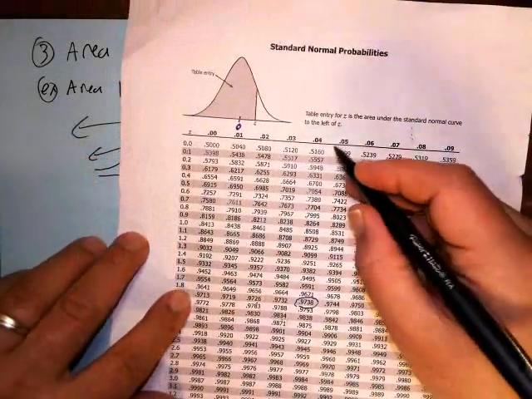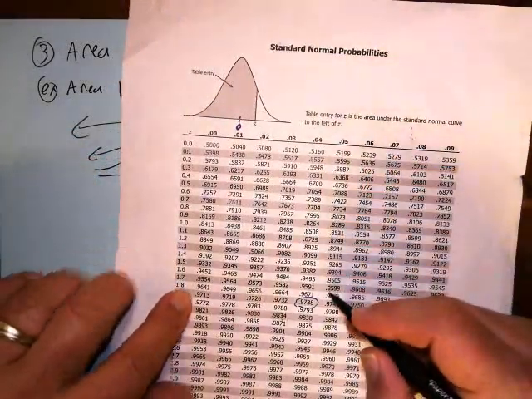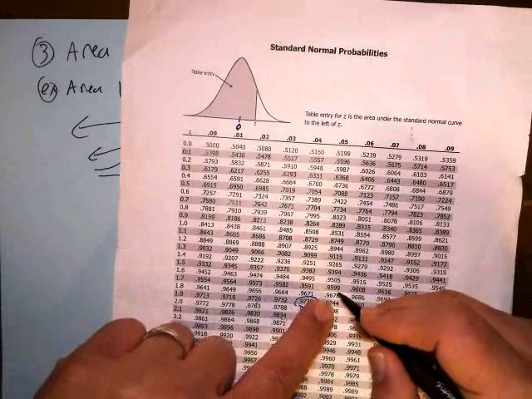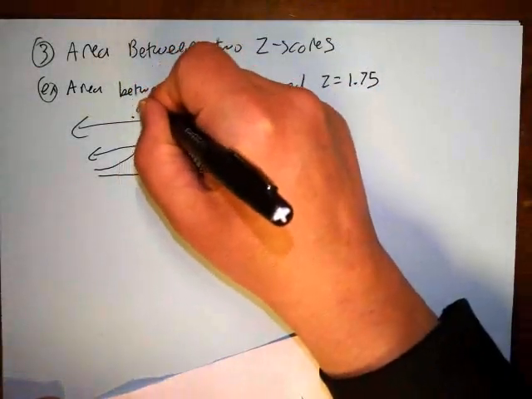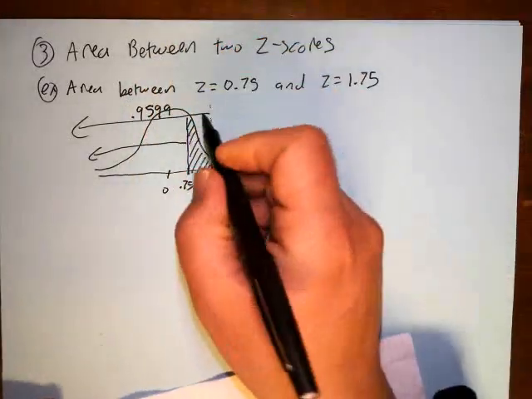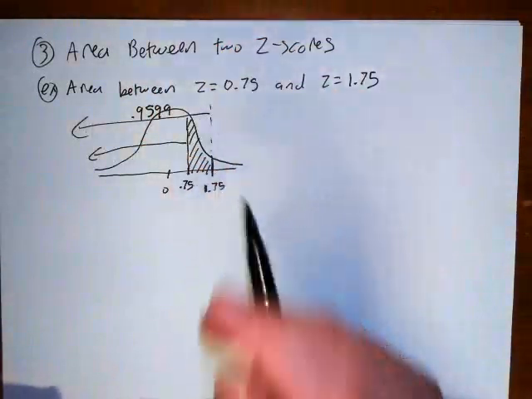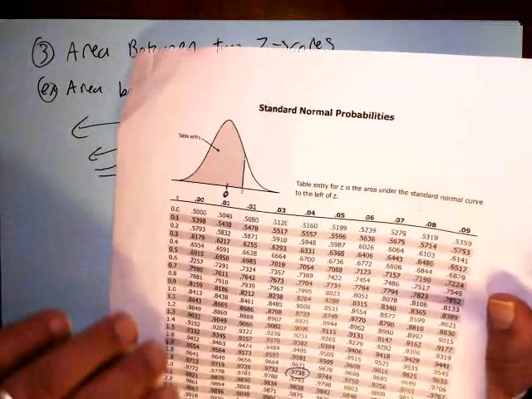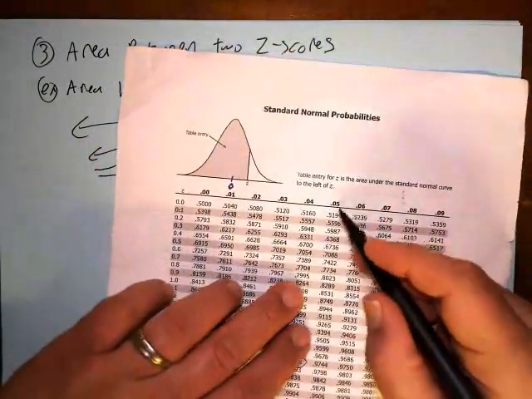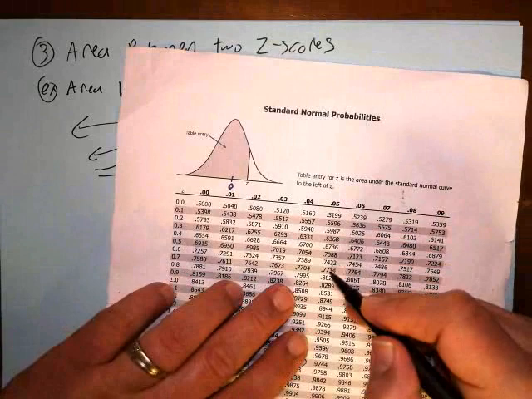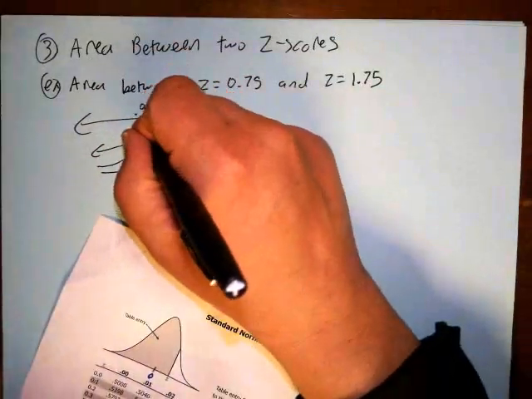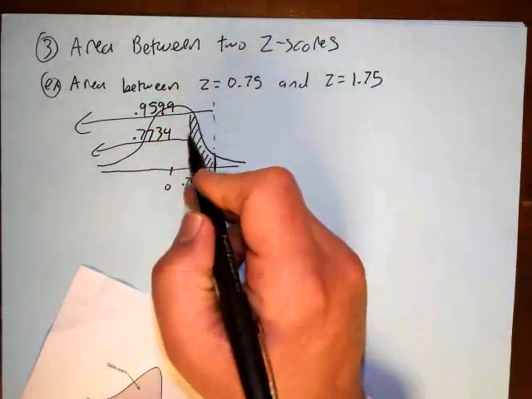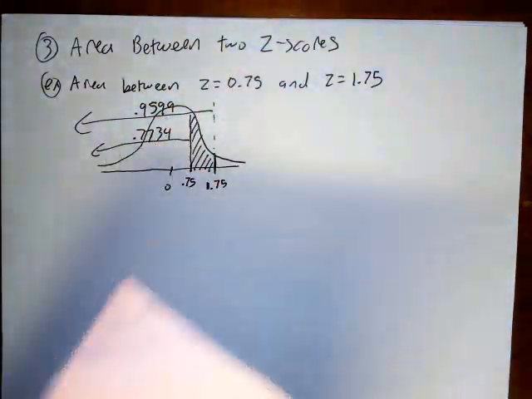So one positive 1.75, and I get 0.9599. So that gives me all the area below 1.75. And now look up 0.75, and I get 0.7734, and that's all the area below 0.75.